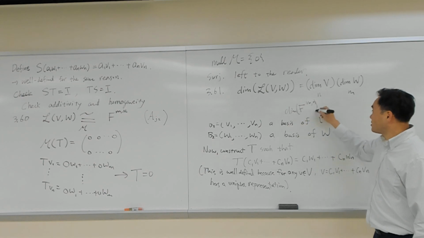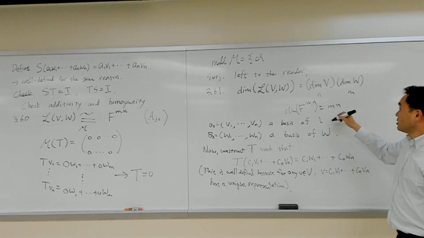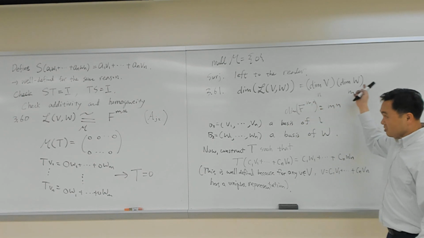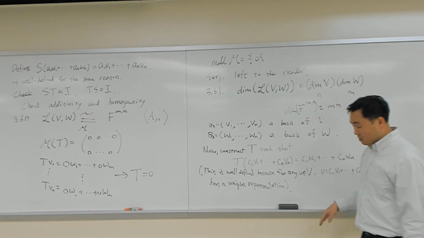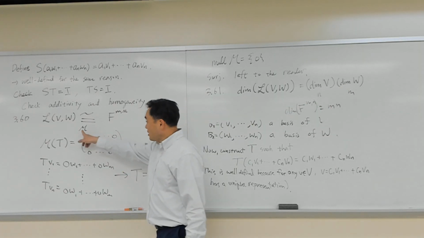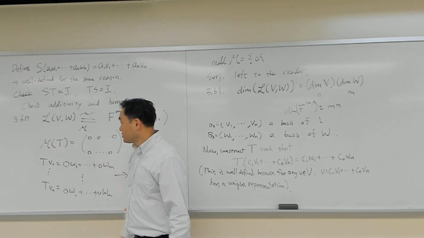We already said that this is m times n, right? So this 3.61 is a direct consequence of showing that this M is an isomorphism.